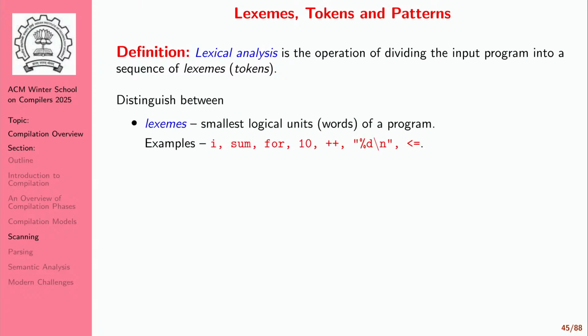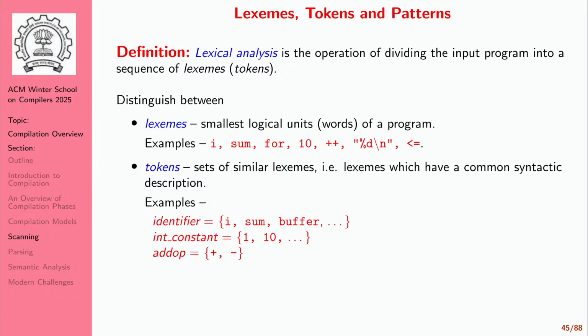Okay, so you have to distinguish between lexemes. For example, I, sum, for, 10, plus plus. These are all lexemes. Okay, and you have a set of tokens. So a token is a name given to a set of all possible lexemes that have the same characteristics that can be described using the same pattern.